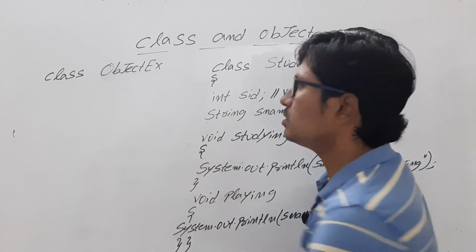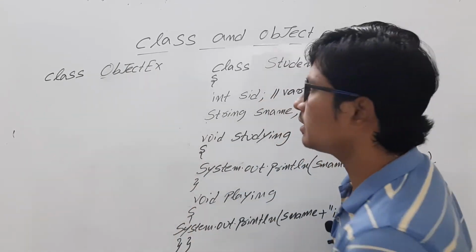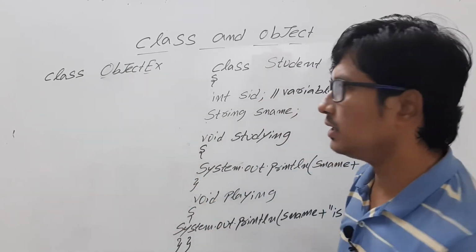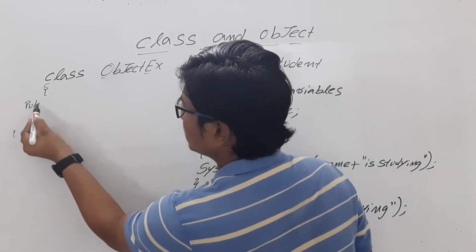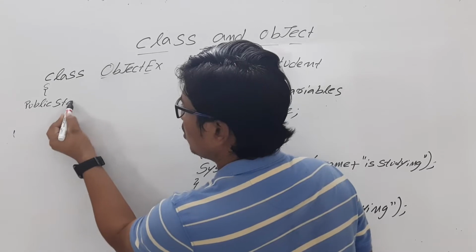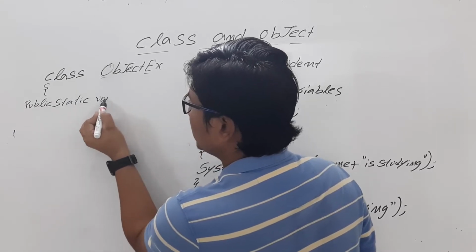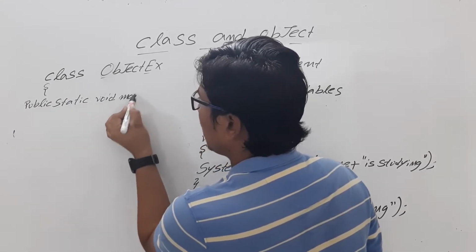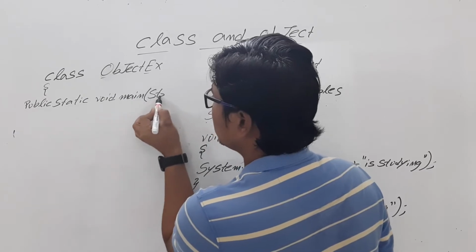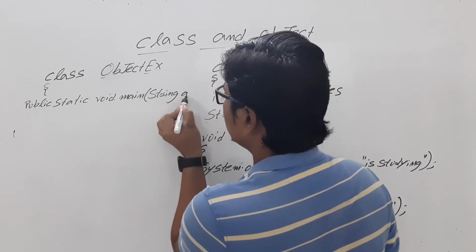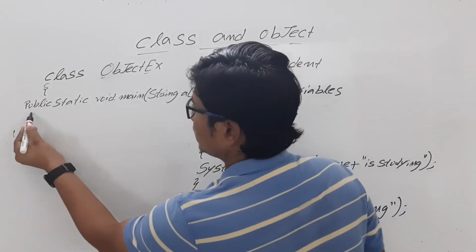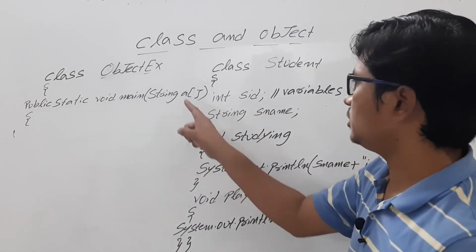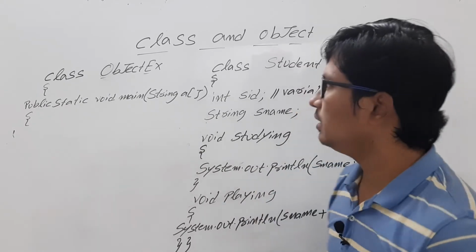And then I will write public static void main, and then you will have the argument, so I will have String args. I can write it as a also. The name of the array is not important. Because of the space issue, I have simply written it as a.